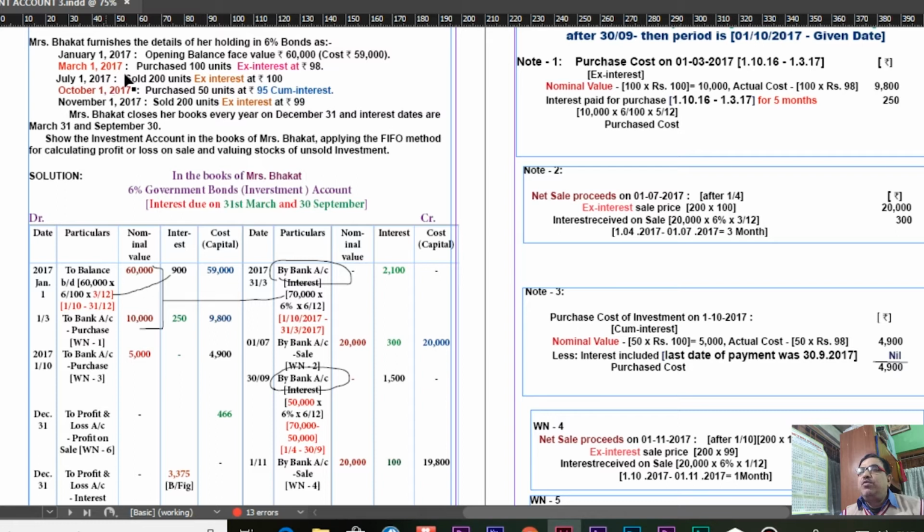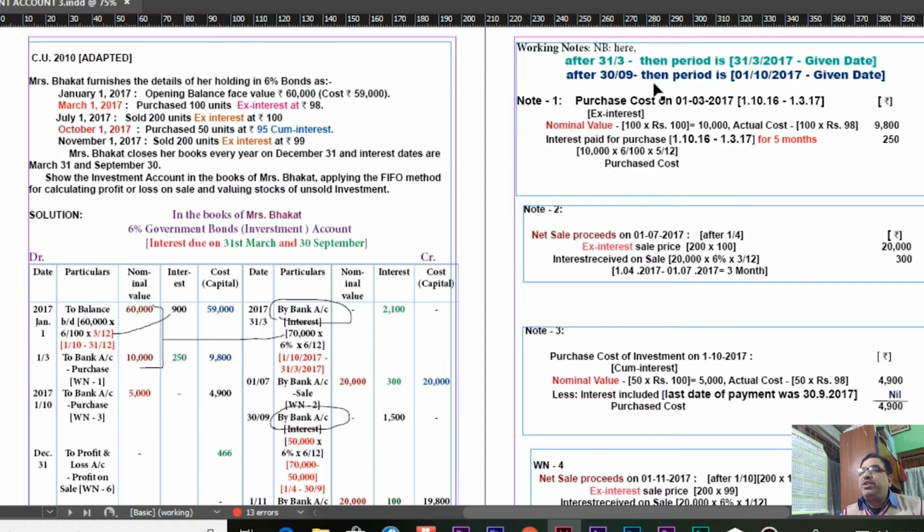Now it is going beyond the boundary of 31st March. Therefore, I have to charge interest up to 31st March. Now see, for charging interest, the entry is bank account debit to investment account or interest account debit to interest account. Therefore, by bank account, interest.